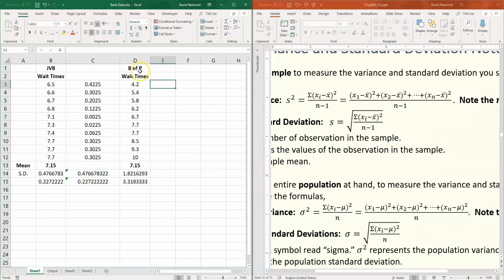And then we could do the exact same thing for the Bank of Providence as well, but it's the exact same procedure that we did over here, just with these scores. And you'll see we get the same numbers down here. And there you go. That's how you can calculate the variance and standard deviation from a data set.